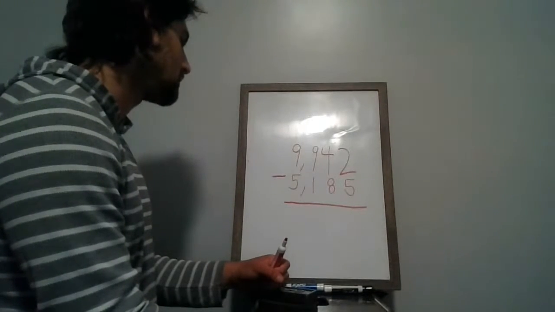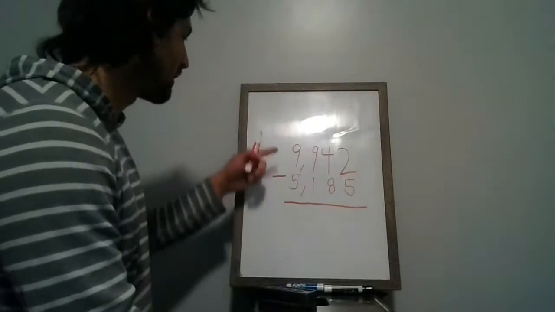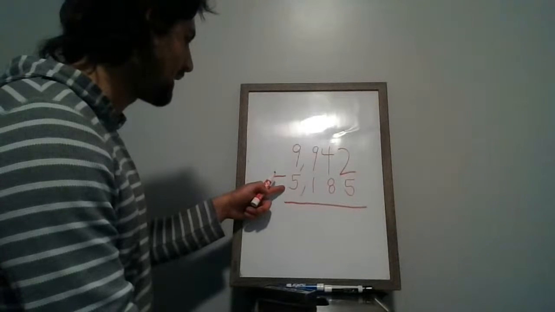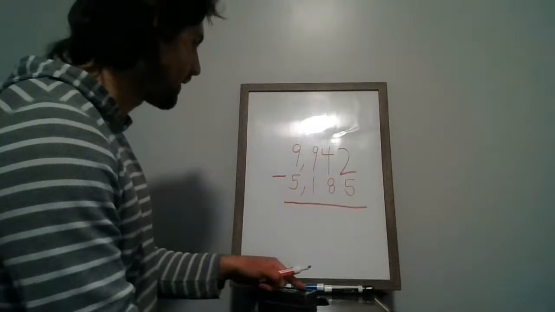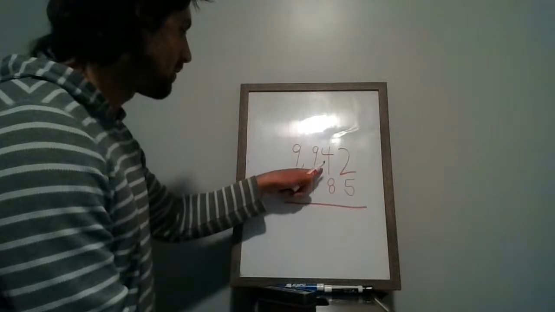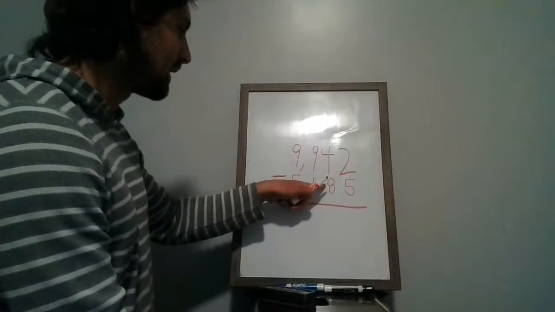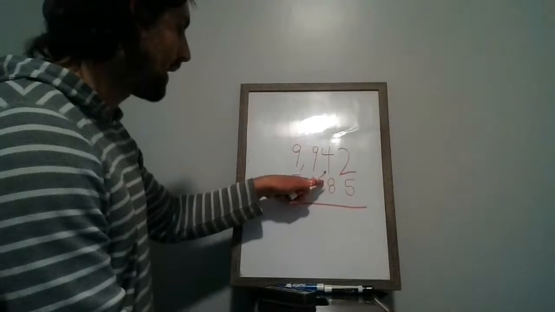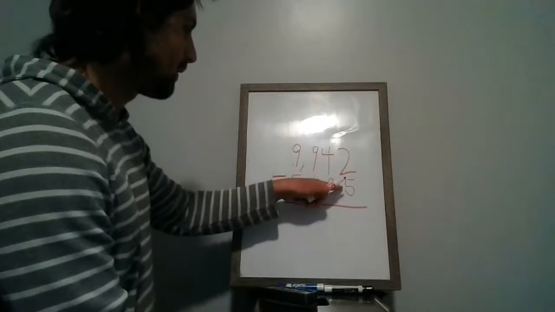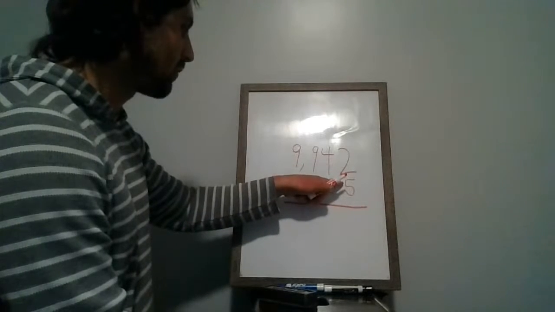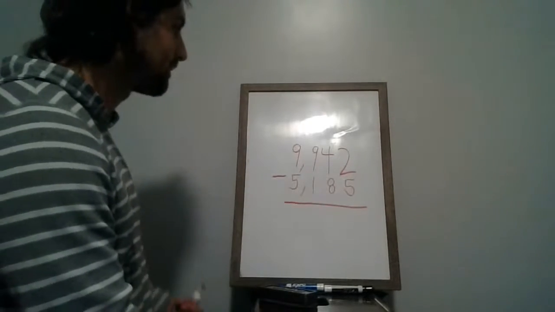If there is a digit on the bottom of the problem that's bigger than the digit on the top, then we need to regroup. So 9 is bigger than 5, so we do not need to regroup there. 9 is bigger than 1, so we do not need to regroup there. 4 is not bigger than 8. The bottom number is bigger in the tens place, so we do need to regroup here. 5 is bigger than 2. The bottom number is bigger in the ones place, so we need to regroup there.